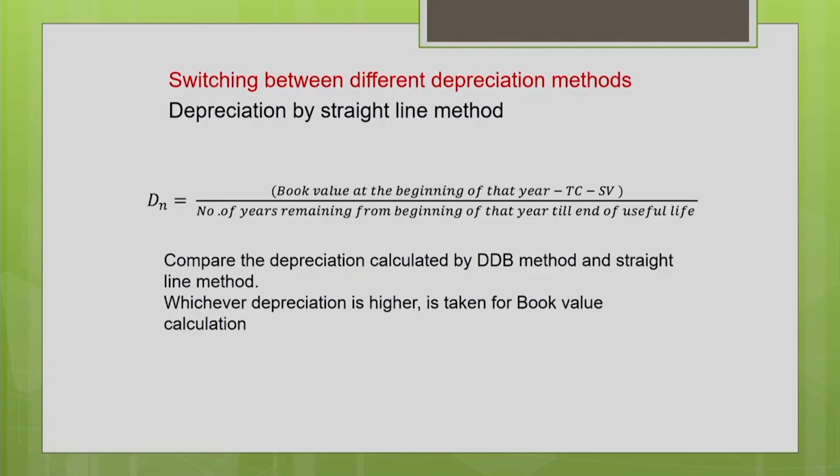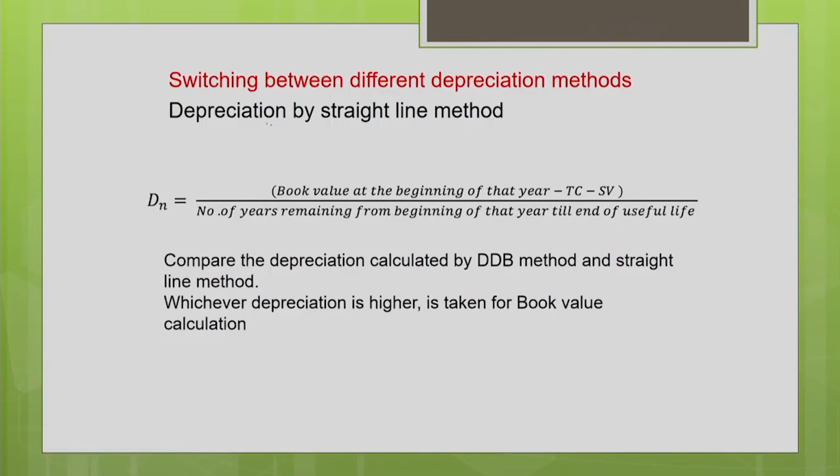So when we do this switching process, we have to remember that when we estimate the depreciation by the straight line method, the formula will not be the same as a regular straight line depreciation, okay. How it is different when we switch over, let us see now.